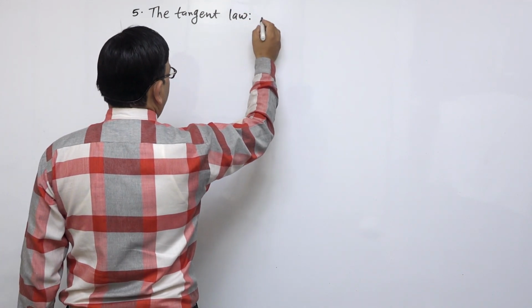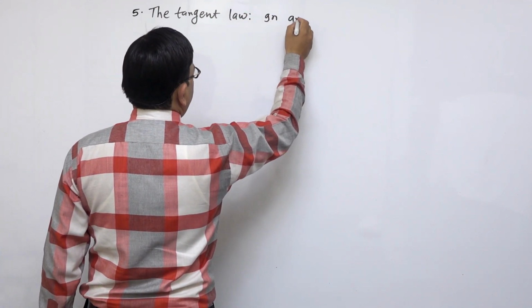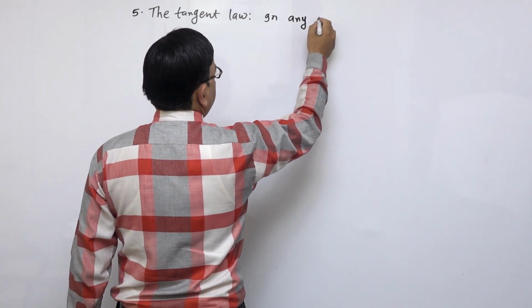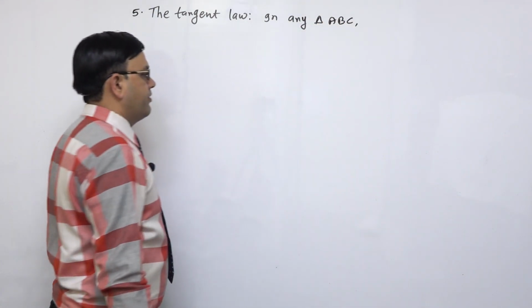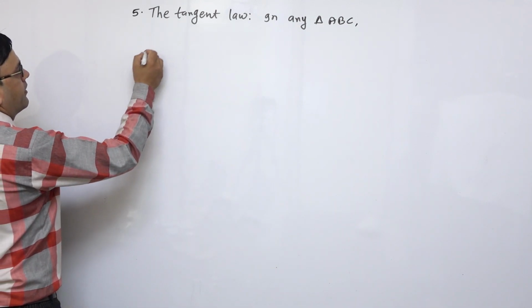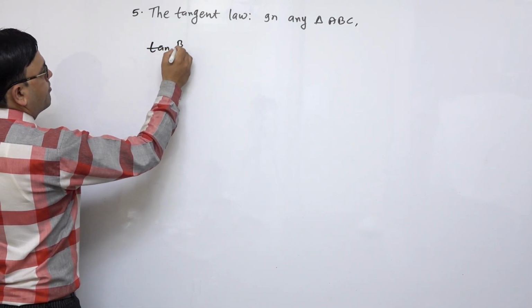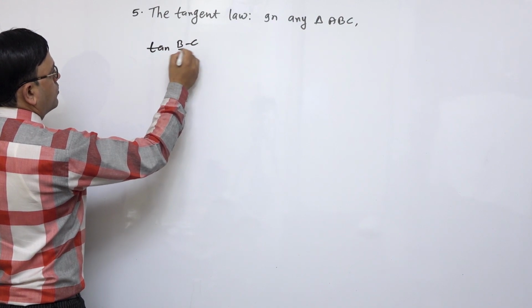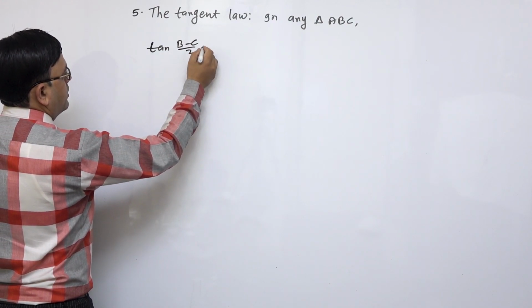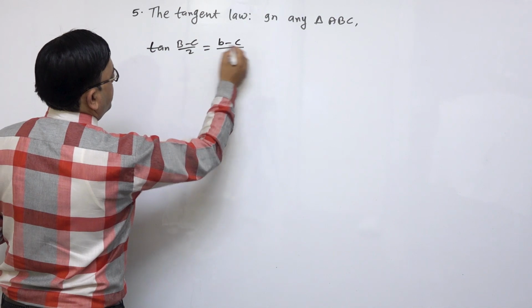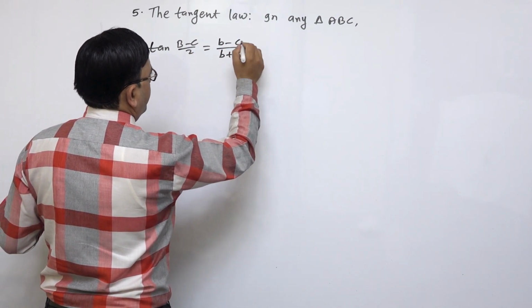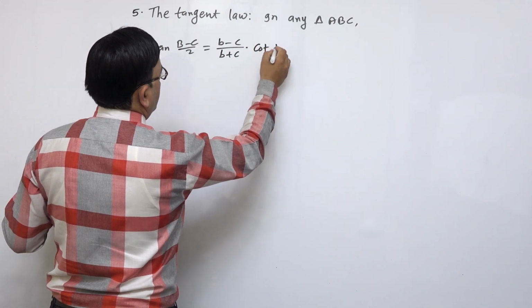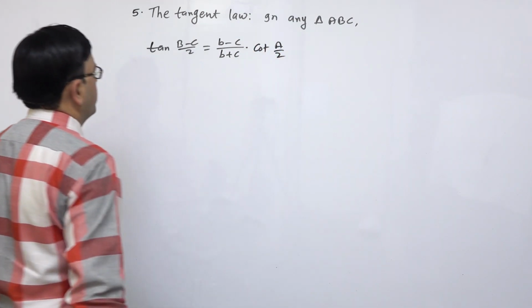In this law, we can write in any triangle ABC, tan of (B minus C) by 2 is equal to (b minus c) by (b plus c) times cot A by 2. We have this formula.